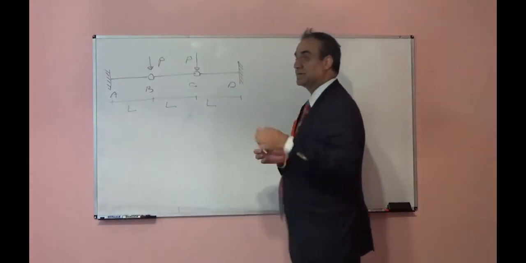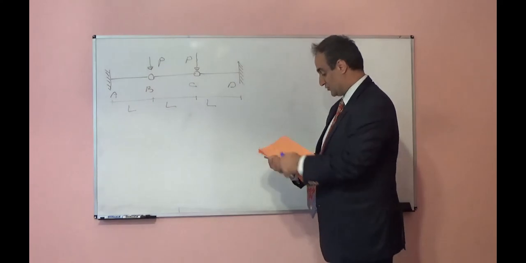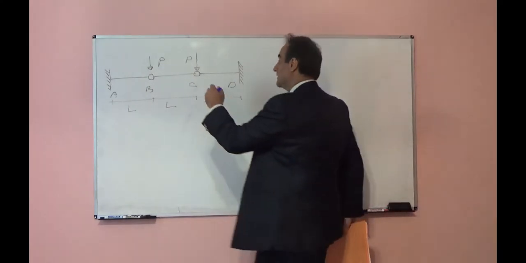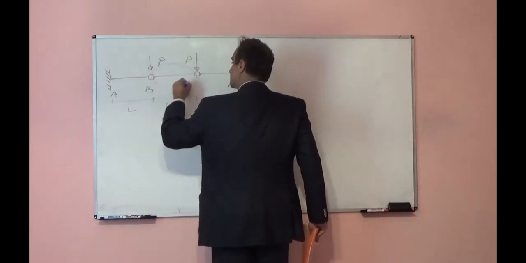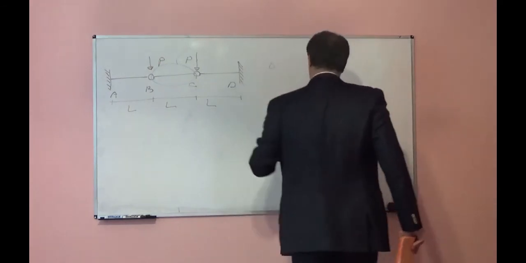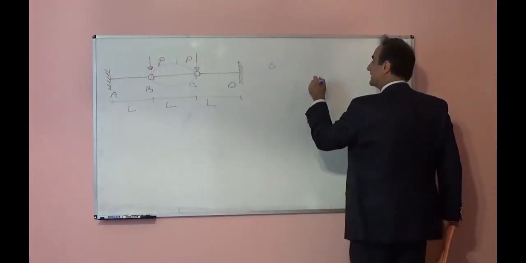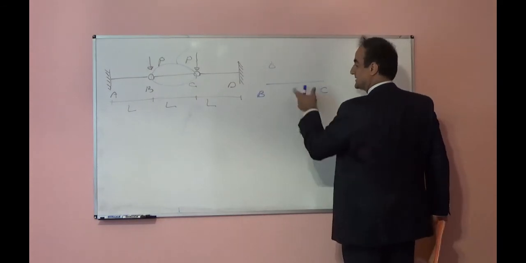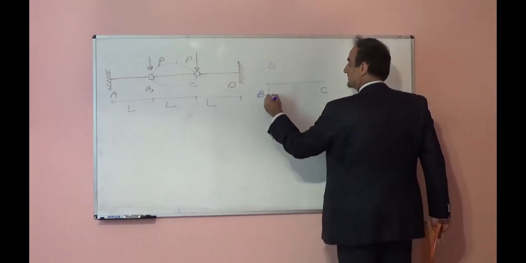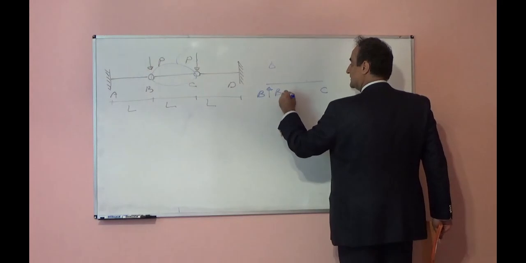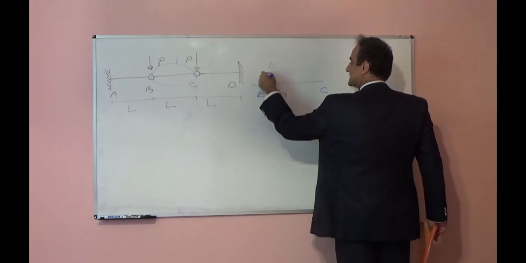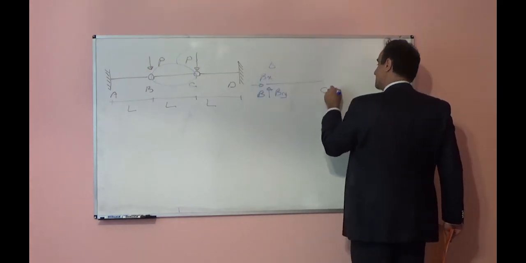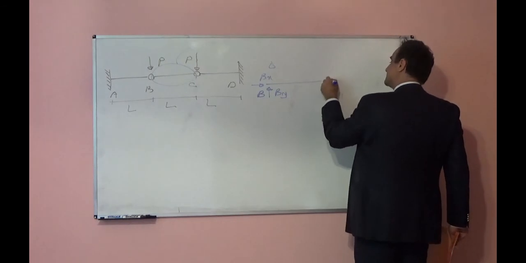And I can prove that. How can I prove that? If I cut this part and look at the free body diagram for that part, what do I have? I have the BC segment. Here assume I have By, Bx, Cy, Cx.